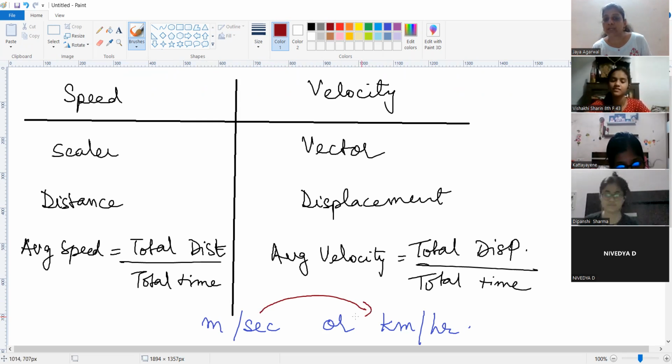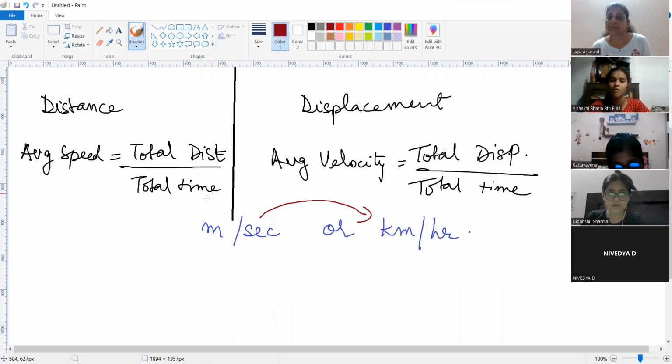Meter per second to kilometer per hour, what do you have to do? Multiply by 5 upon 18? Think and answer. Meter per second to kilometer per hour: multiply by 18 upon 5.